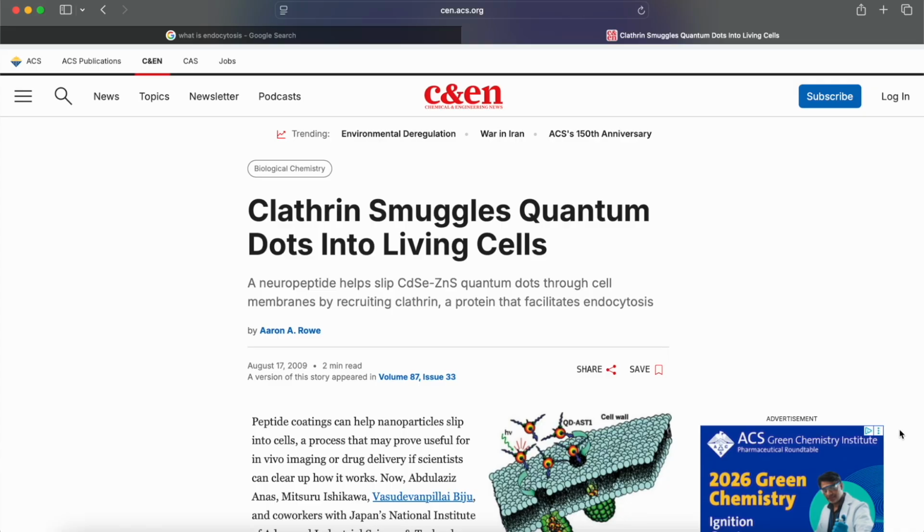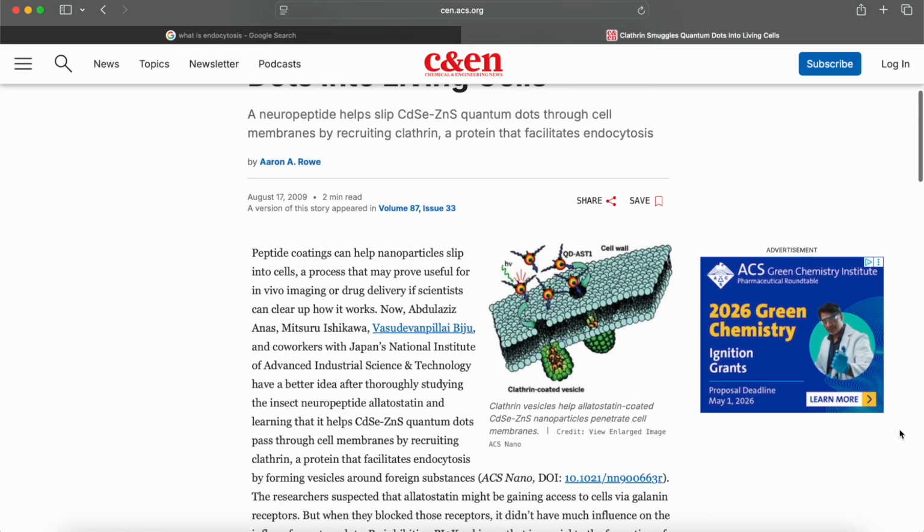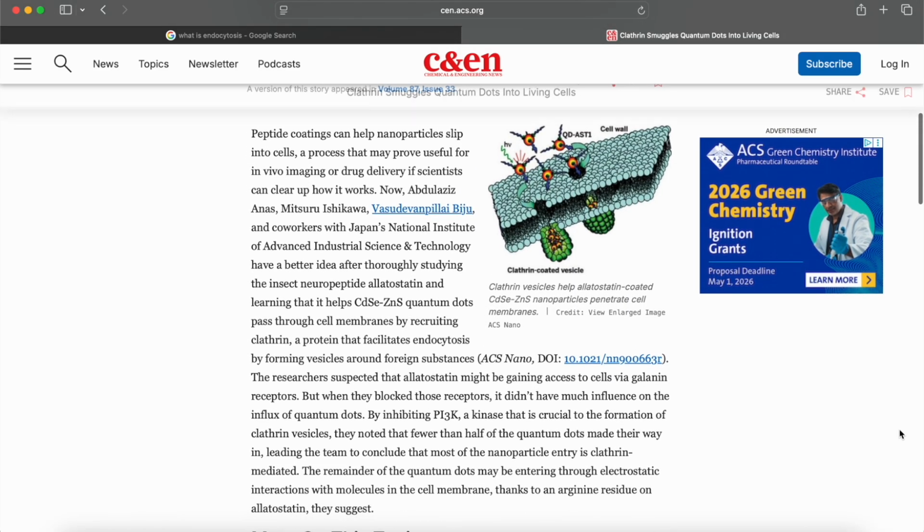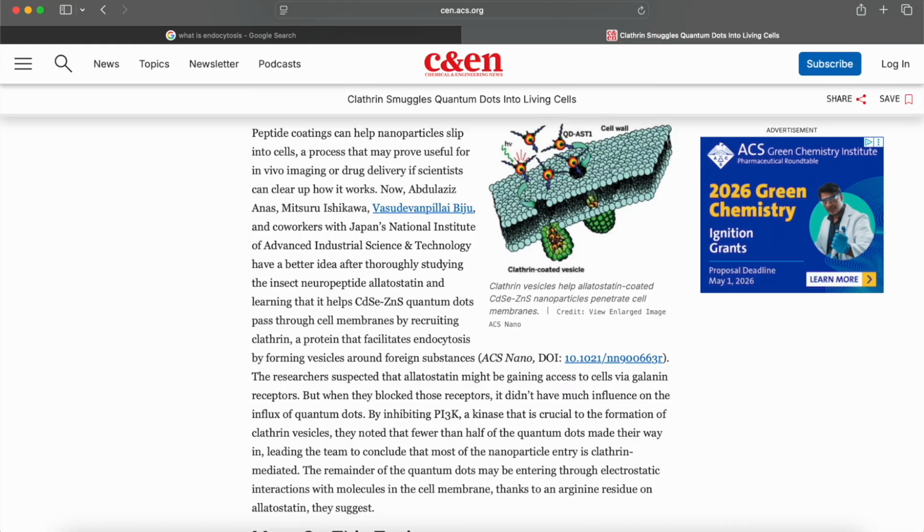Clathrin smuggles quantum dots into living cells. Peptide coatings can help nanoparticles slip into cells, a process that may prove useful for in vivo imaging and drug delivery if scientists can clear up how it works.